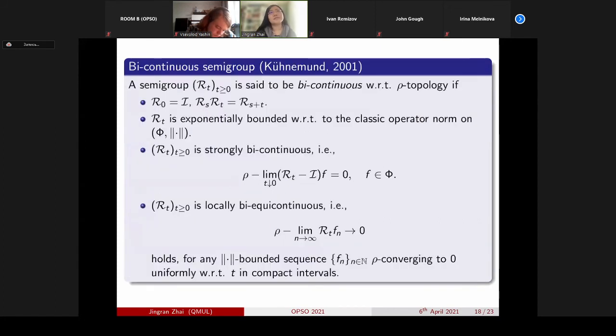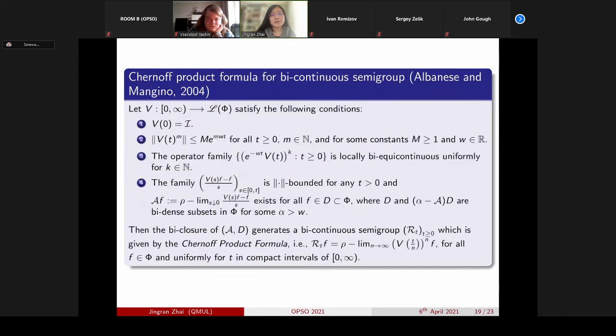The generator, resolvent and the generation theorem for bicontinuous semigroups are also developed by Kühnemund in her PhD thesis, analogous to the classic results, which you can find in her thesis. But we will only introduce the theorem that we are going to use, which is the generalized Chernoff product formula.